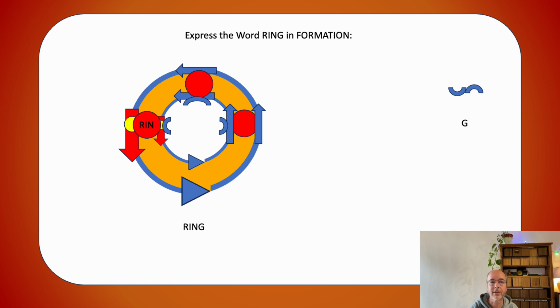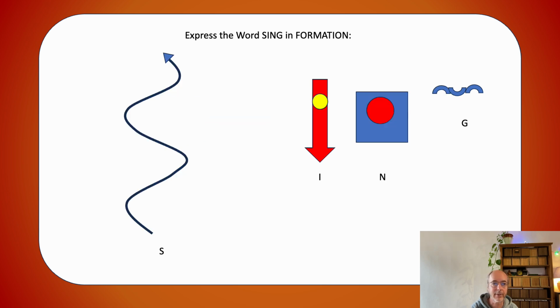It's different for sing, so that's the last word for today. Sing, the letter S, can also be expressed as a wave, but not a wave like you have in a surrounding of air and so on. No, this is more the expression of a wave itself that is pushing itself into its own nature, and it's trying to have an effect.